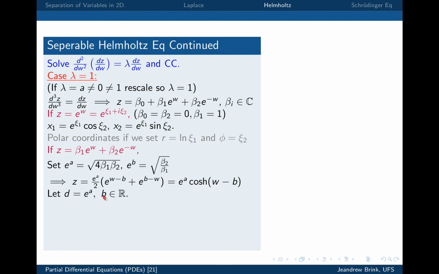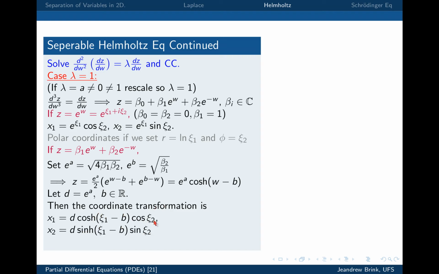e to the a is a real value and b is a real value, and then what this coordinate transformation basically is, if I write out this cosh in terms of its real and imaginary part, it's simply cosh, the real part is just c1 minus b times cos c2, okay, and the second one is d times sinh of c1 minus b times sine of c2.